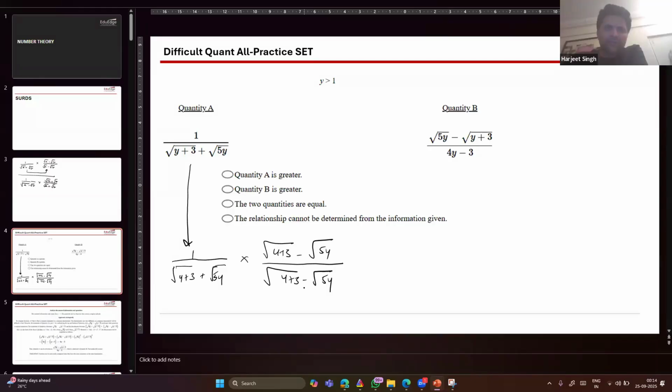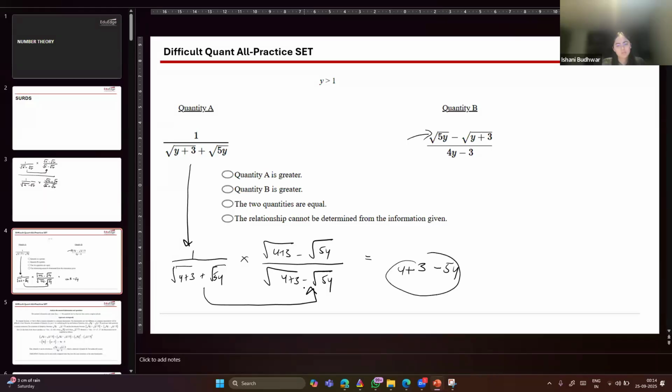So are we multiplying by this complement? Okay. And if we do that, the numerator is looking to be the same, except that the terms are flipped, plus minus. But when I look at the denominator, it's y plus 3 minus 5y.